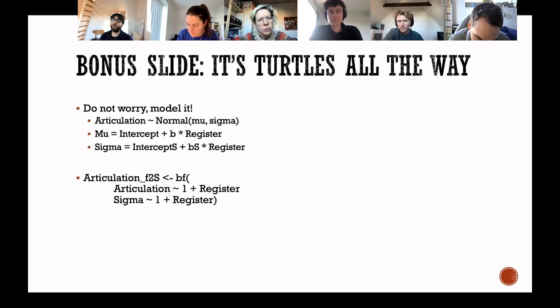We say that also sigma is a function of register. And here I give you the formula. Articulation tilde 1 plus register, sigma tilde 1 plus register. That's it. But we allow the model to estimate different sigmas, different average predicted errors for the two registers.